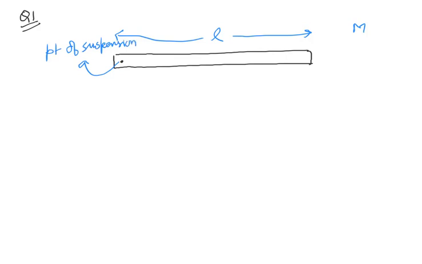So we have a rod of length L, mass M. And the rod is suspended from this point. So this is the point of suspension. The rod is released.